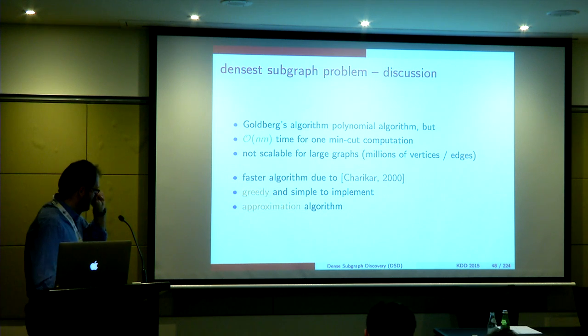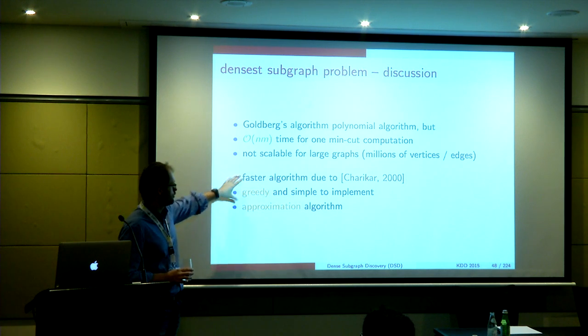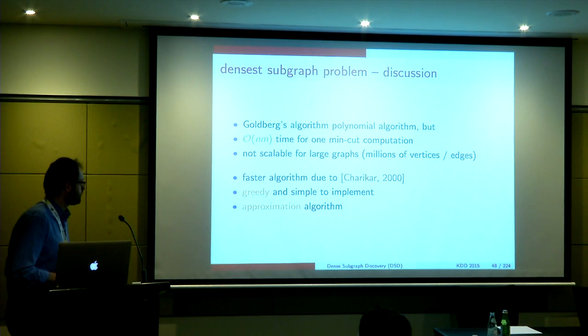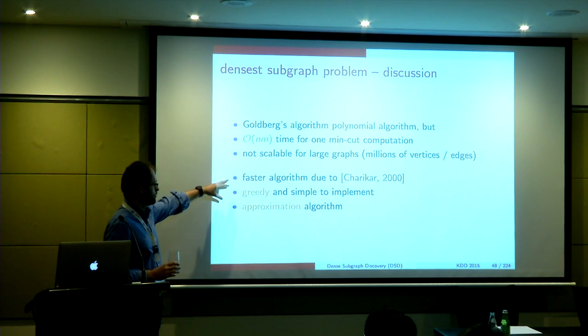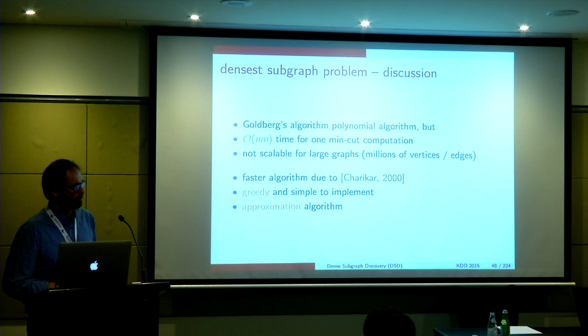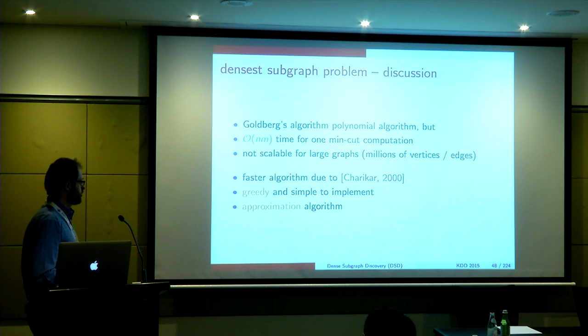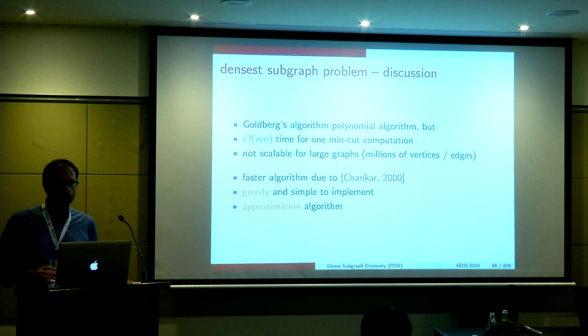Okay. And then what's something else? There is another very nice work that we will talk about now, the faster algorithm due to Moses Tsourakakis. This is a greedy algorithm, so it's very simple to implement. And this algorithm is an approximation algorithm. This is a little bit unusual in the sense that we typically have approximation algorithms for NP-hard problems.